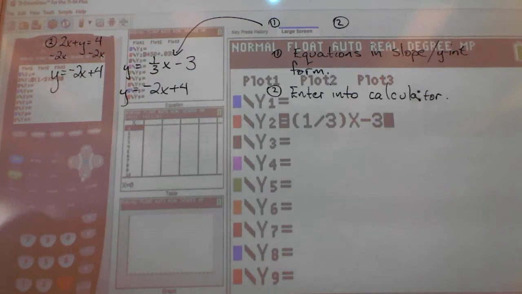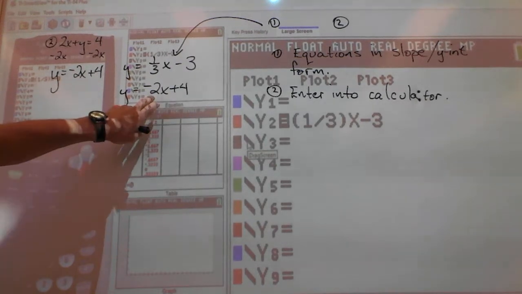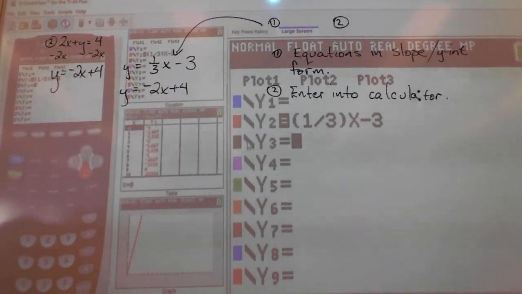If you arrow down with the cursor, that'll bring you to your next equation. And this one is negative 2x plus 4. Remember, when entering a negative, use the negative button, which is in the lower right-hand corner of your calculator. So negative 2, and then again we press that little variable button in the upper left-hand corner, negative 2x plus 4.